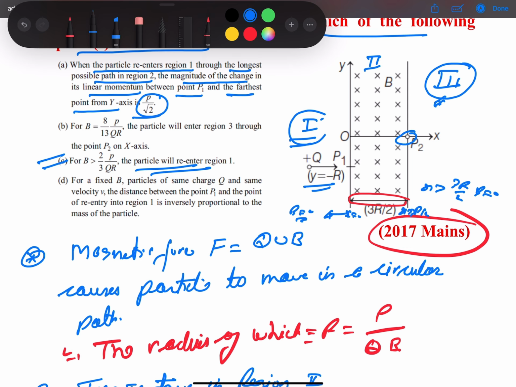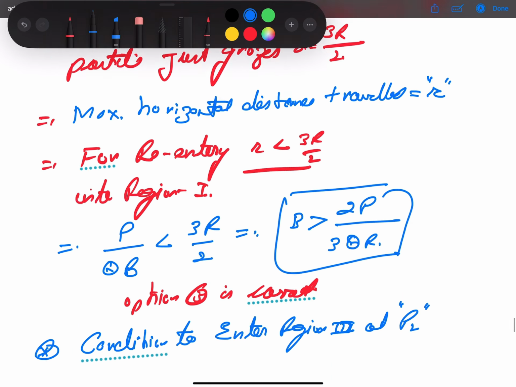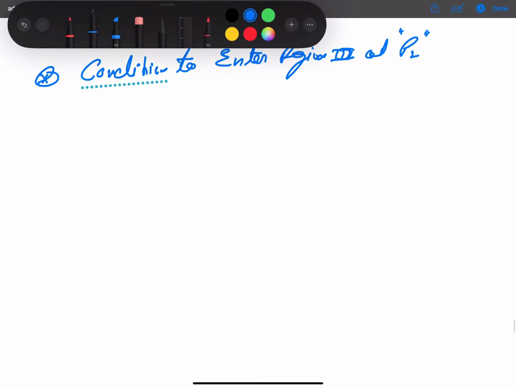So you can draw a rough approximation for that. We have this as the x-axis, and the particle starts from here, that is our minus r, and this is our point P2. So the particle should be exiting somewhere here.